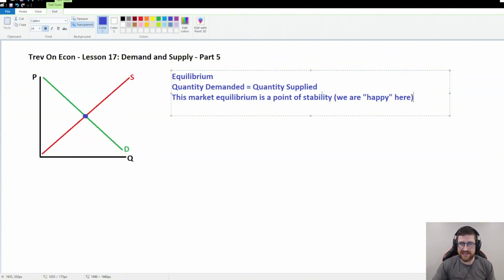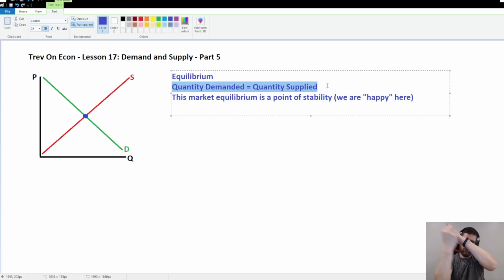Now, you'll notice here I did say quantity demanded equals quantity supplied. Some teachers don't care much about this and use it interchangeably, but there are some that are sticklers where saying demand equals supply is technically not correct. Remember, demand means the entire curve. Supply means the entire curve. So if they're equal, that would mean they're on top of each other. So we don't want them to be on top of each other.